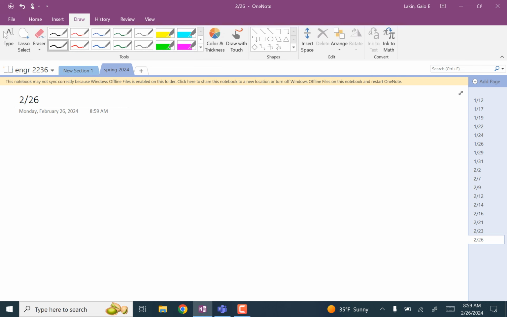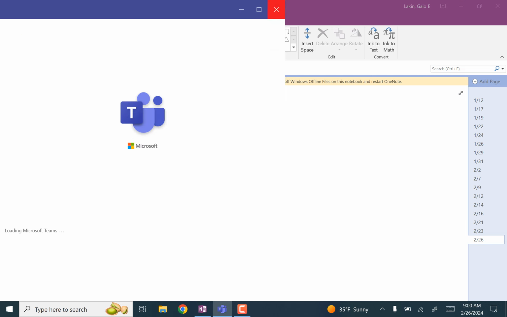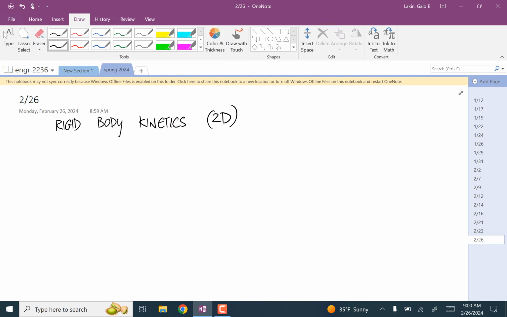Okay, so we are on our way to doing rigid body kinetics. And I haven't been stressing this, but I really should have been. For almost the whole class, we're going to be doing rigid body kinetics in 2D.